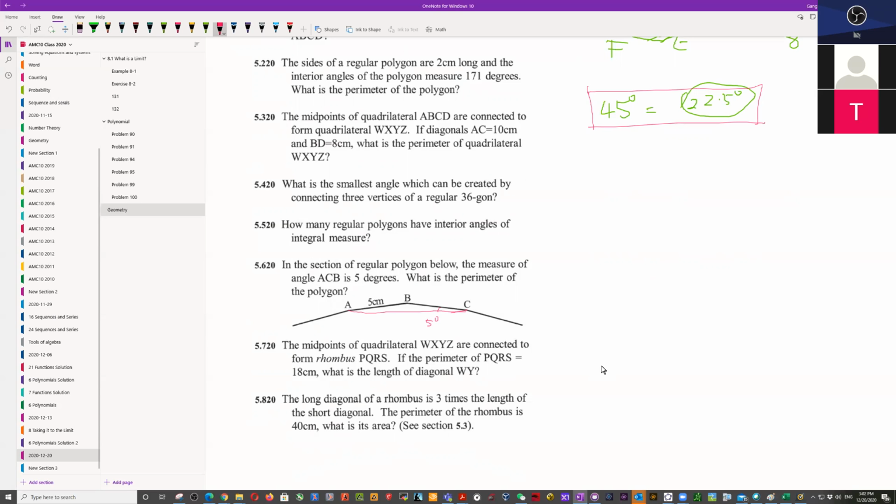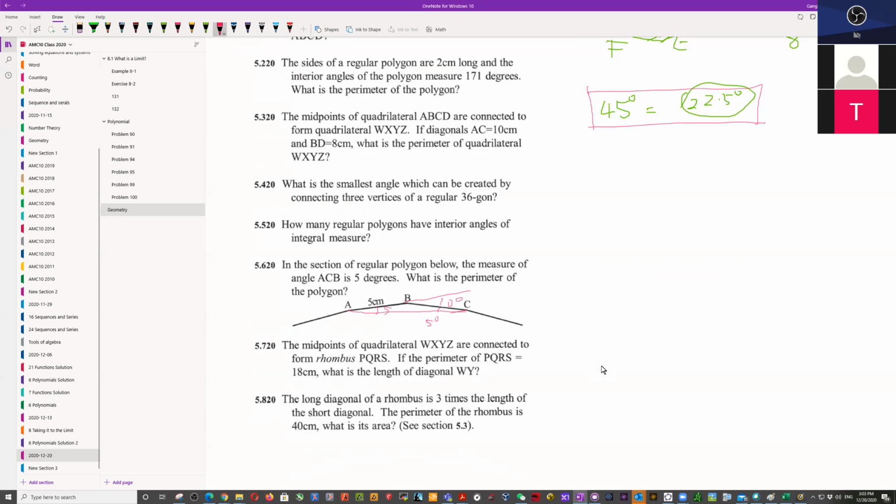So I'm only viewing a very small portion of this polygon, but because this is a regular polygon, AB equals BC. And this is 5, this is also 5. And this is the exterior angle. 5 plus 5 equals 10. So the exterior angle is 10.